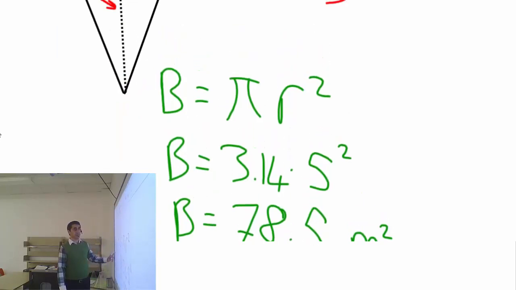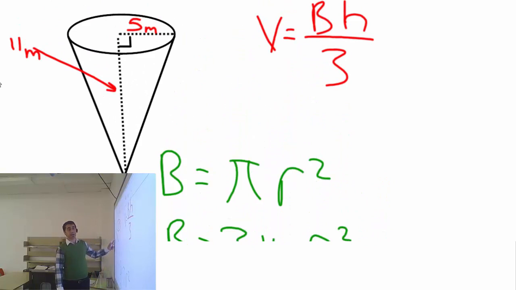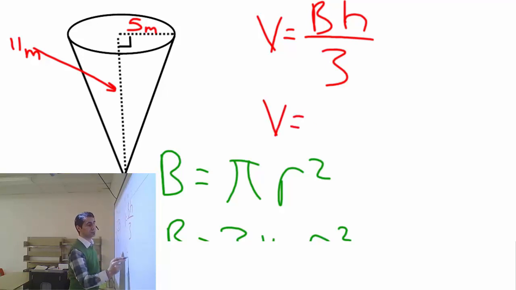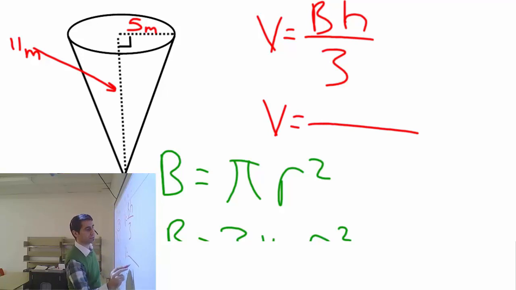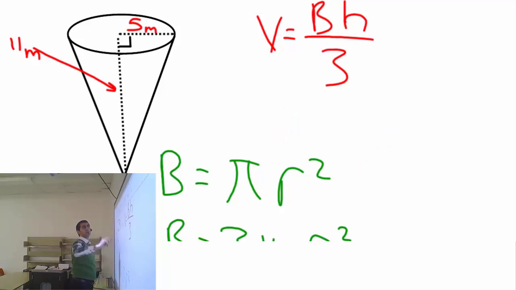Now I can include that with my formula and find out what the volume is. Volume equals B H divided by 3. And now let's use a different color here. I'm going to use blue color.